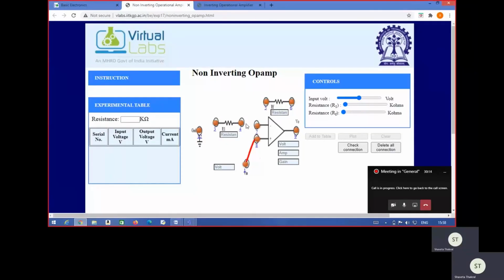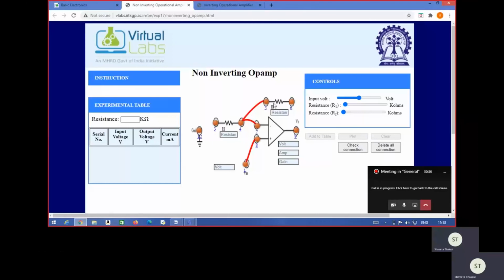Then the next connection is made between node 4 and 7, so that R1 can act as the input resistance. And then node 4 is connected to node 5, so that we can employ the feedback resistance in the feedback path between the output terminal and the input terminal.